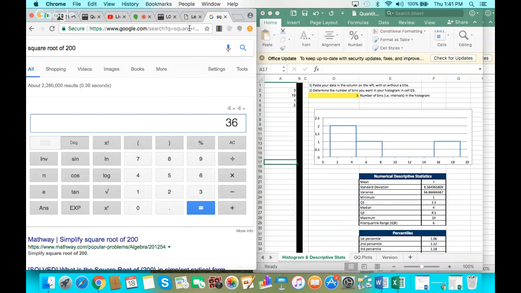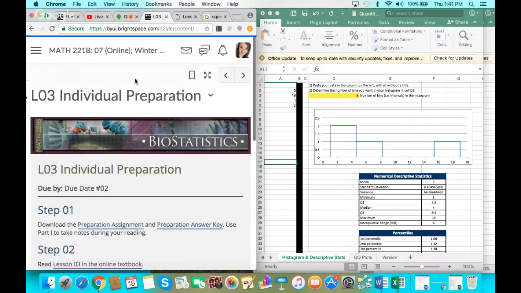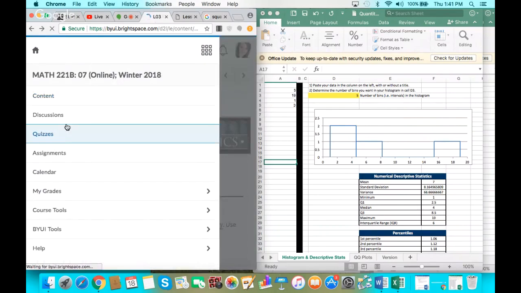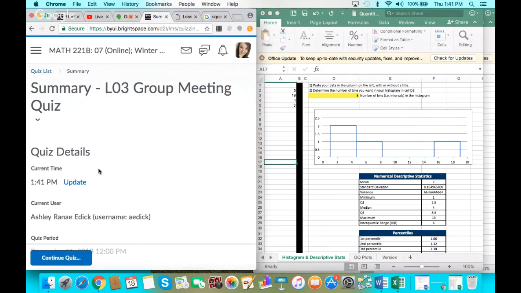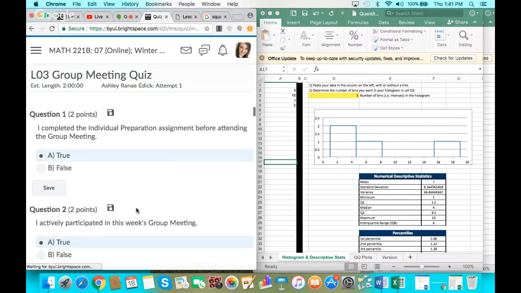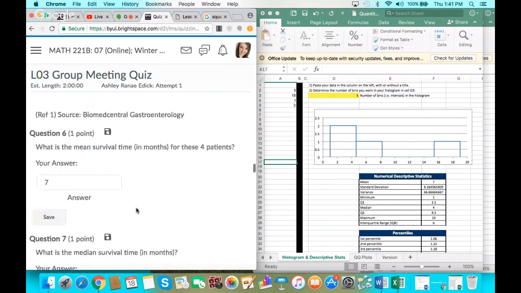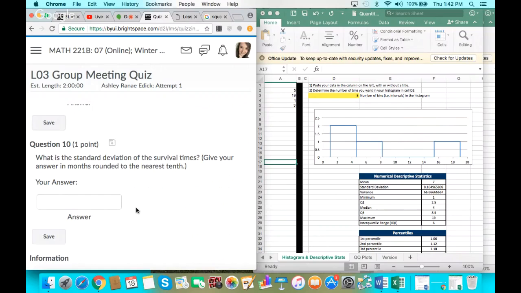I don't know. Okay, let's read the... oh no. Let me go back to that. Where'd it go? I can't believe I just closed out of that. Okay. Let's just read the question again. What is the standard deviation of survival times?